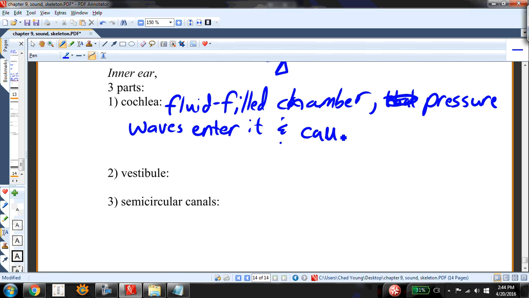And cause hair cells to vibrate. These hair cells are going to be tuned to particular frequencies, and the cochlea is really where it takes those pressure waves that come from the sound impinging upon the ear, it transfers to the eardrum, causes the eardrum to vibrate, it causes those ossicles to transfer these vibrations to the cochlea, it causes these pressure variations in the fluid inside the cochlea, and then as those pressure waves move through the cochlea, they will excite or resonate with particular hair cells in the cochlea, which will then translate that to an electrical signal sent to your brain through the auditory nerve that will say, okay, now you're hearing a sound with a frequency of 200 hertz or whatever it is.